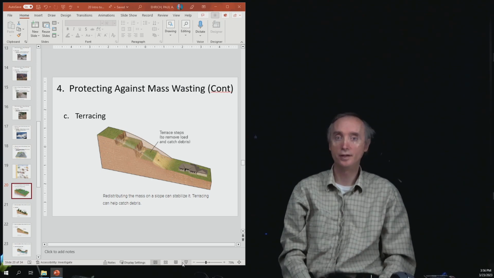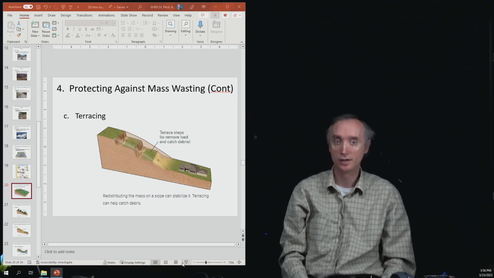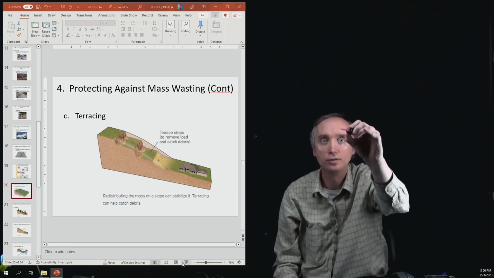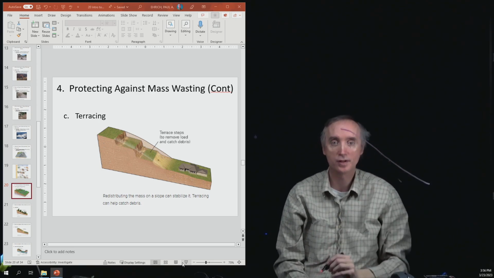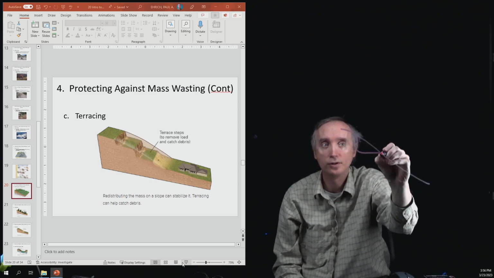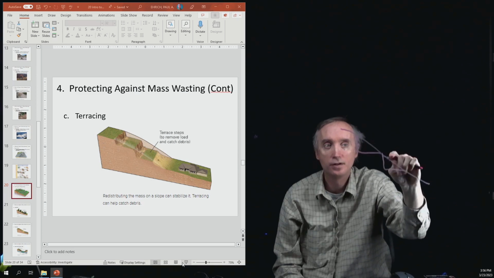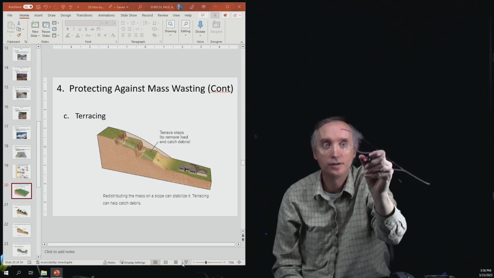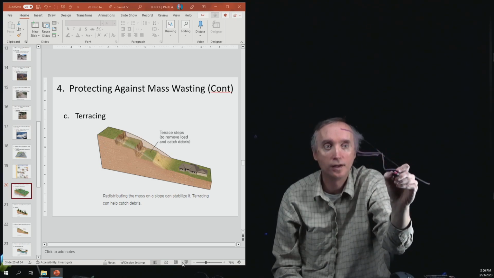Okay, another one is going to be terracing. Terracing is when the original slope is like this. Instead, what we do is we cut into it like this, so that now what we have is much reduced slopes here and here.